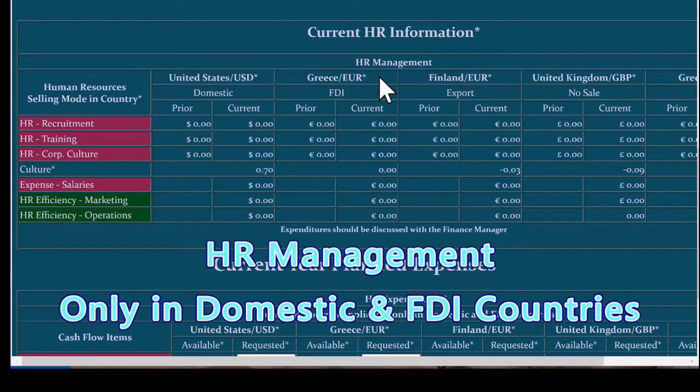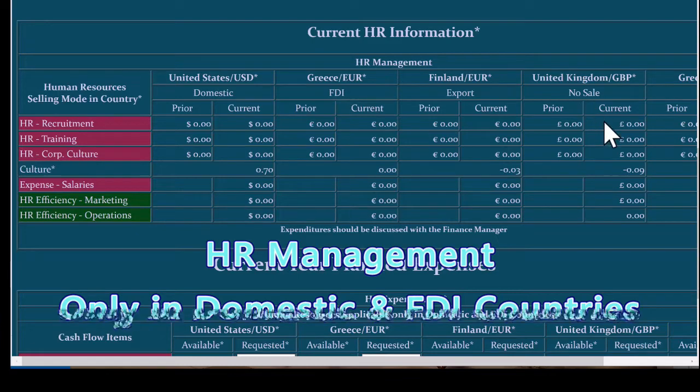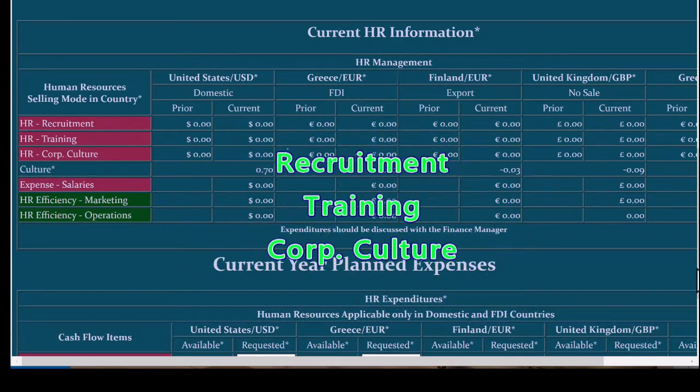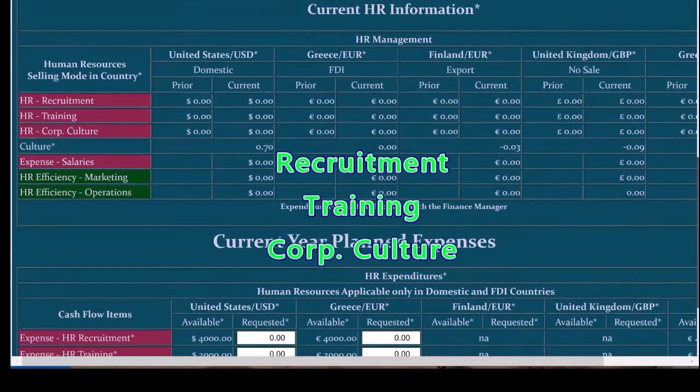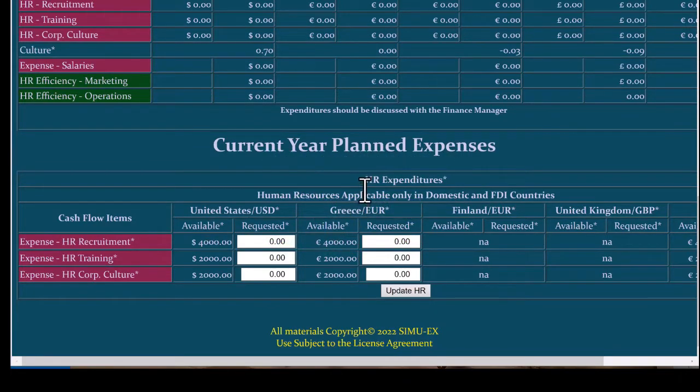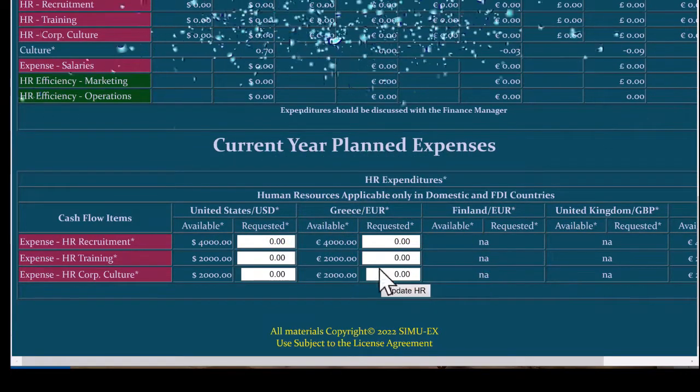So the HR decisions are related strictly to the countries that have been designated as domestic or FDI. And the decisions that are going to be made in these respective countries are associated with recruitment of new employees, training of these employees, and development of corporate culture. Each of these has an impact also associated with the culture of the targeted country as well.